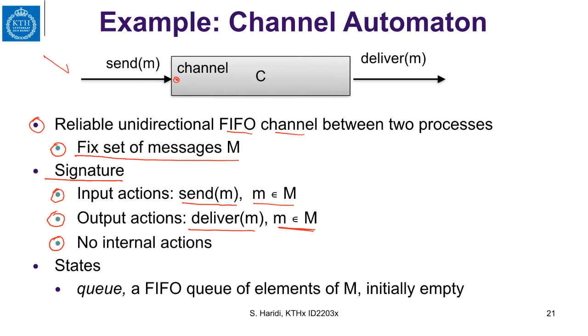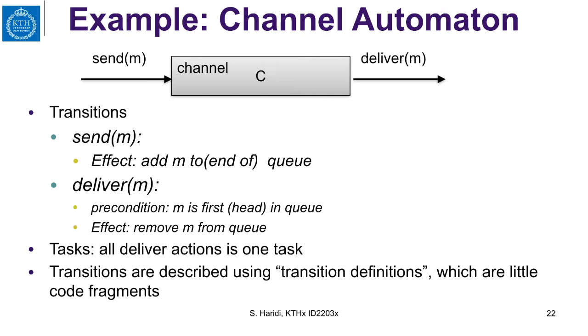So this channel has a state. And what is a state? The state in this case is a FIFO queue of elements of M, and it's initially empty. Now let us look at the transitions. We are going to describe the transitions by what we call transition definitions. This is, for example, a transition definition.